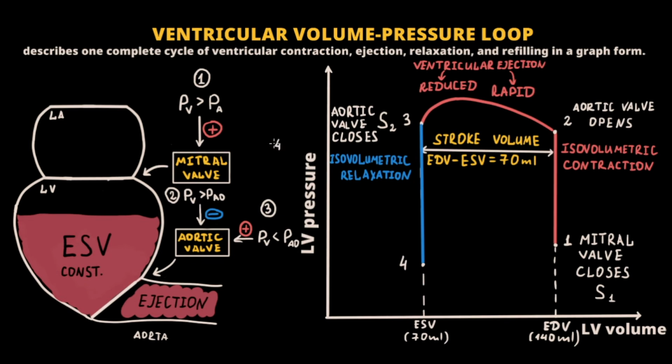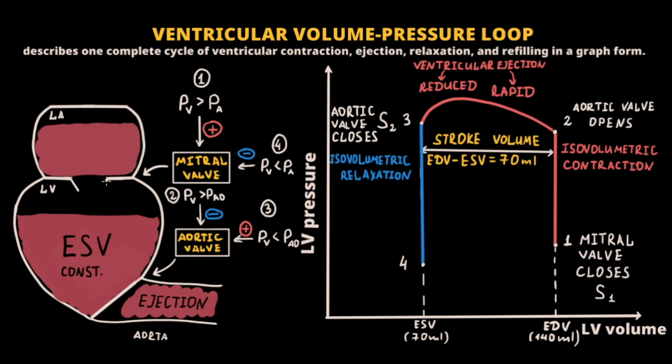At point 4, ventricular pressure falls lower than atrial pressure. That causes opening of the mitral valve, and blood starts to fill the left ventricle. The stage is called rapid ventricular filling.